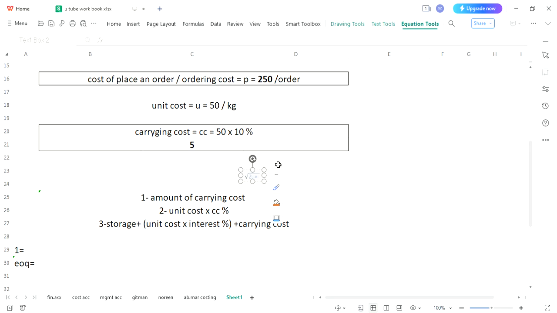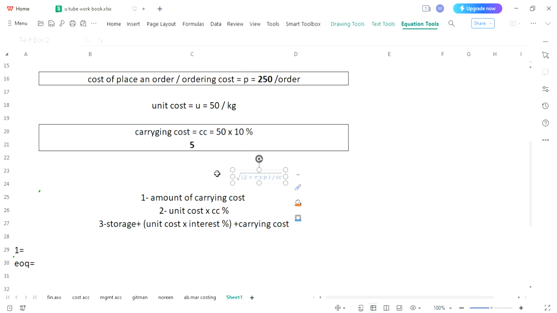When you write this formula, the view will be a little less viewable, and finally I will make it more vibrant. You will be able to see 2R and then multiply by P, bracket, divided by CC. This is your formula for EOQ, economic order quantity.